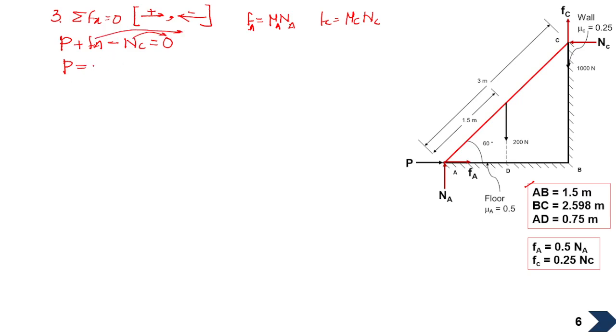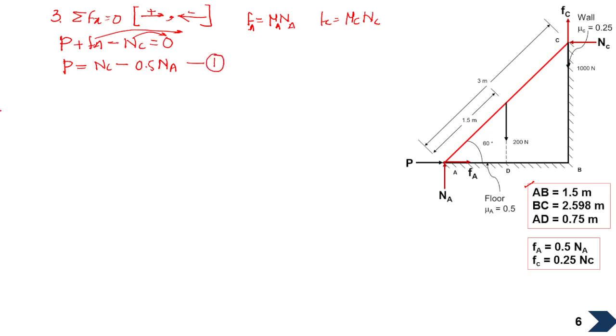Okay, so Nc will become positive, Fa will become negative, and Fa we can write as mu A into Na. Okay, and again mu A we know. What is mu A? Mu A is 0.5. Okay, so we can write mu A as 0.5. Okay, so this we can treat as equation 1.